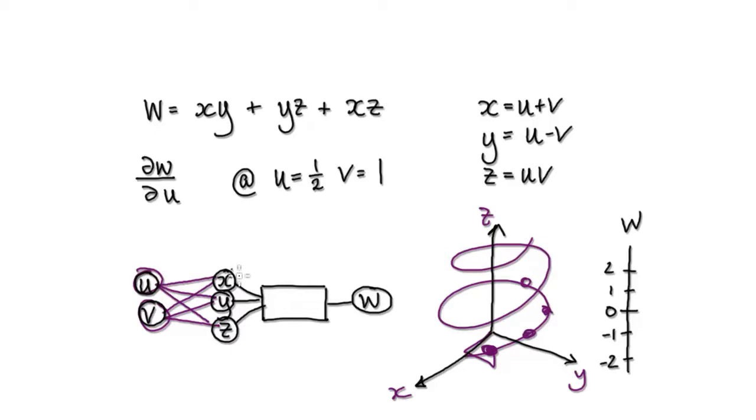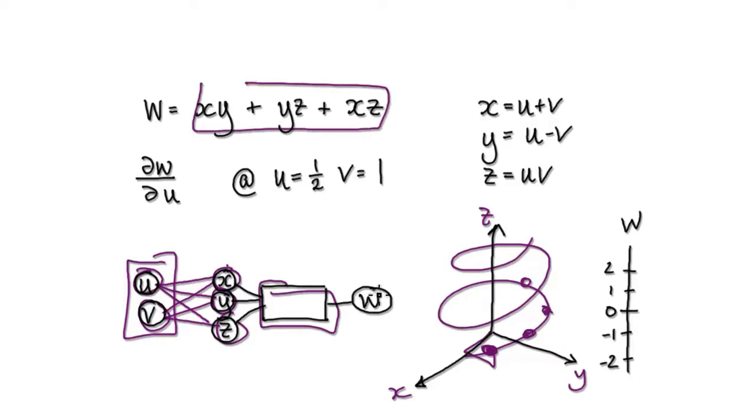You always know the x, y and z location of that particle, and everything is driven in terms of u and v. And then once you know the position of the particle, you put it into the machine, if you like, this machine here, and then it will spit out a value w.